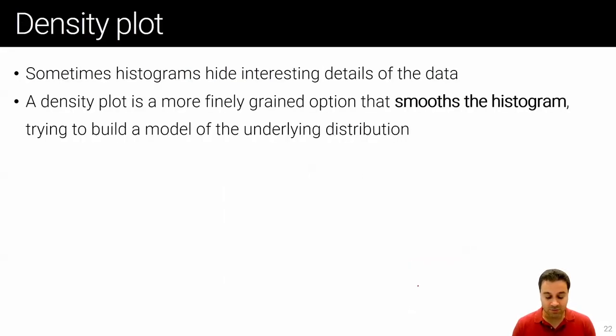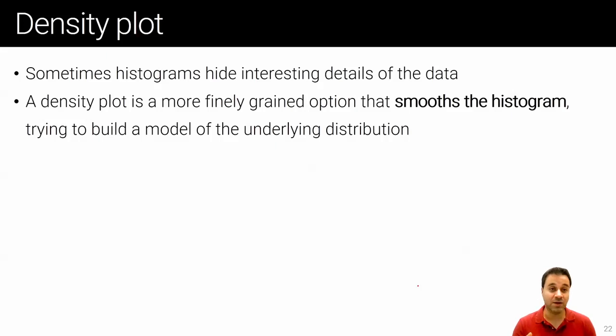And there's something like the next version of the histogram, which is called the density plot. And what it does is essentially smooth the histogram. So instead of looking at bins of data, what it's going to do is make those bins really, really small, infinitesimally small, and then show us a nice line, a nice curve of what the distribution of the data looks like.